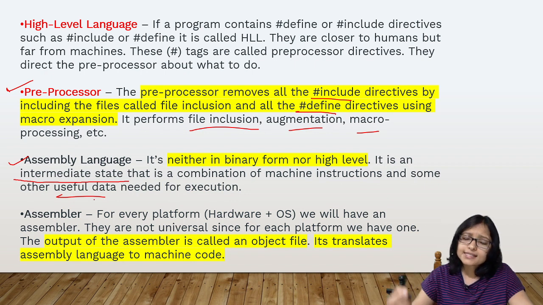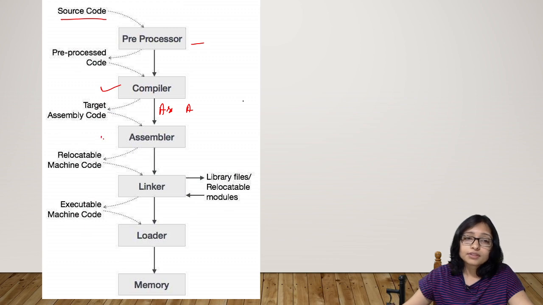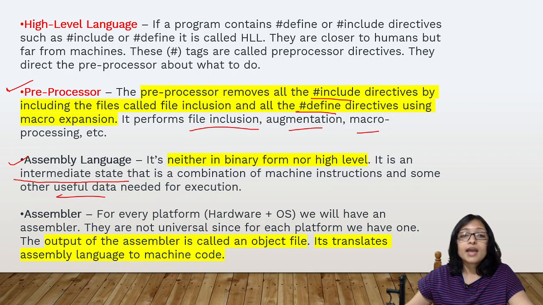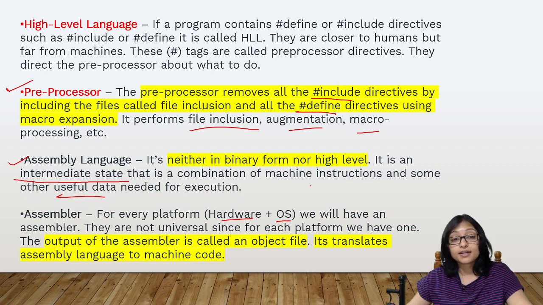Now after that it is coming to the assembler. What is the assembler doing? The assembler is a platform for every hardware and operating system. Everywhere the assembler is important, but it is not universal. It depends on the machine. But what is the output?